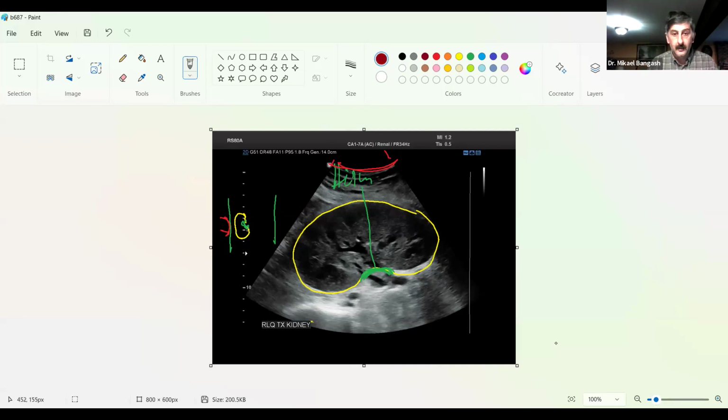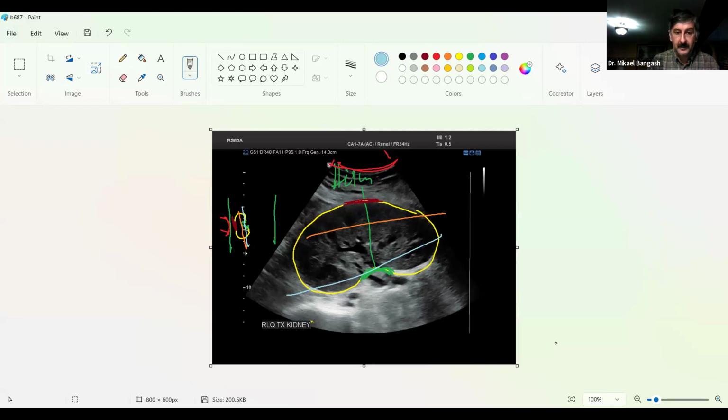So you can say this part of the kidney is what we have here as we just go deeper, and deeper. Did that make sense?